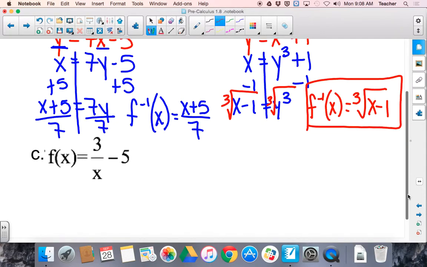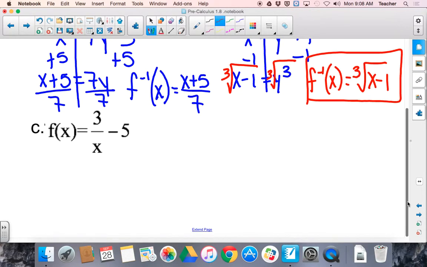Now there's just one more example that I'd like to show you. Again, changing that f of x to say y. Recalling that you need to switch the y with x and switching the x with y.